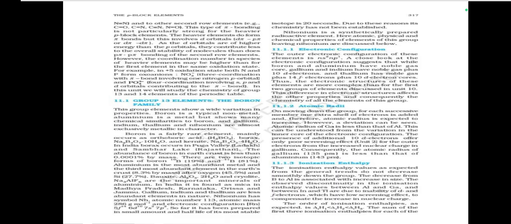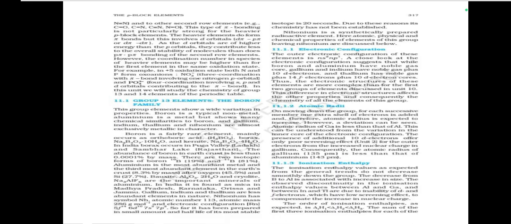Ionization enthalpy. The ionization enthalpy values, as expected from the general trends, do not decrease smoothly down the group. The decrease from boron to aluminium is associated with increase in size. The observed discontinuity in the ionization enthalpy values between aluminum and gallium and between indium and thallium are due to inability of d and f electrons, which have a low screening effect, to compensate the increase in nuclear charge.